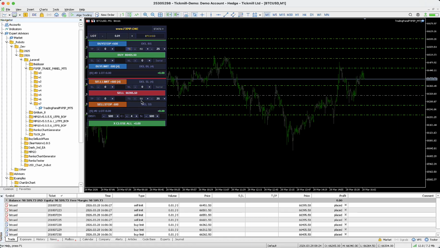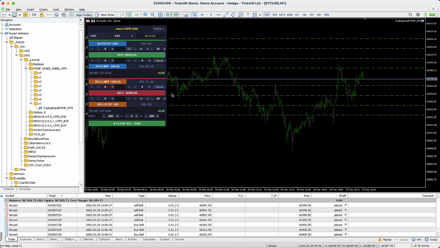We also have a trailing stop. We also have a trailing stop from the break-even level for the serial. If you trade the grid, you can press serial here. In this case, this panel will make a trailing stop from the break-even of the serial. Once there are market positions and there is a break-even level for all the serial of buy or sell, no matter, you set it up separately.